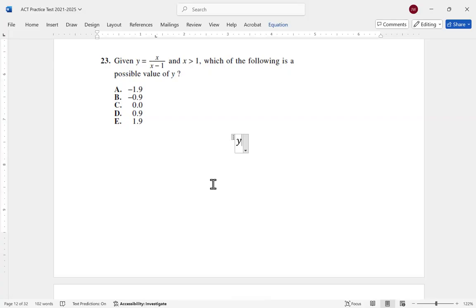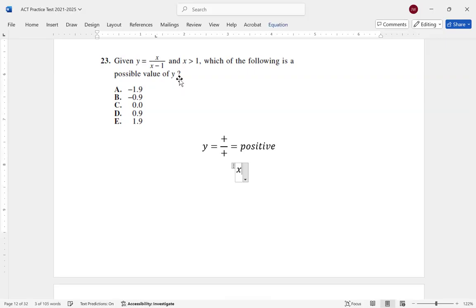Since y is equal to x over x minus 1 and x is greater than 1, if I look at this fraction, the numerator is positive, because x greater than 1 is a positive number on top. Since x is greater than 1, x minus 1 is positive on the bottom. So I know that my y value has to be positive.